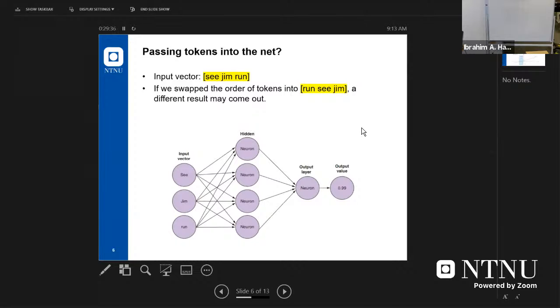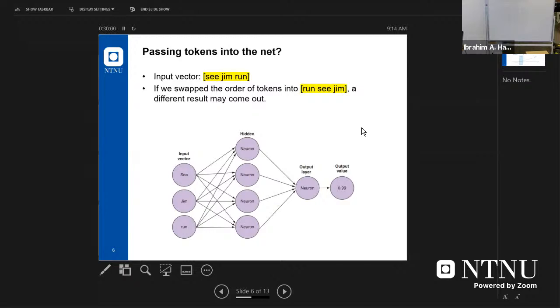It shouldn't make a difference, in fact, because we have the summation here. No, it will make a difference, because the weight values have some effect. Imagine this one, 0.9, is multiplied by 1, and this one, 0.7, is multiplied by 0.5.